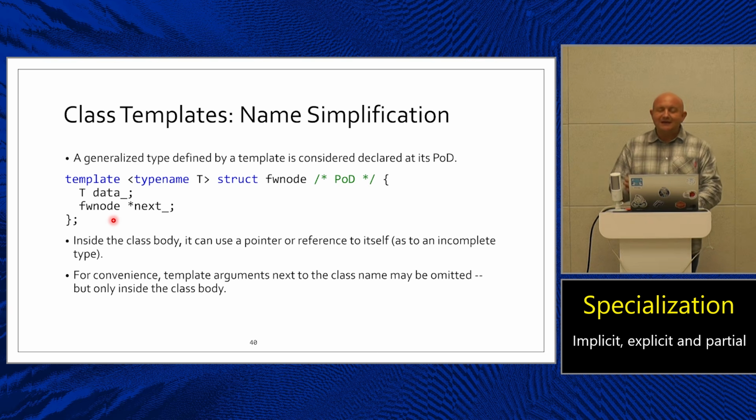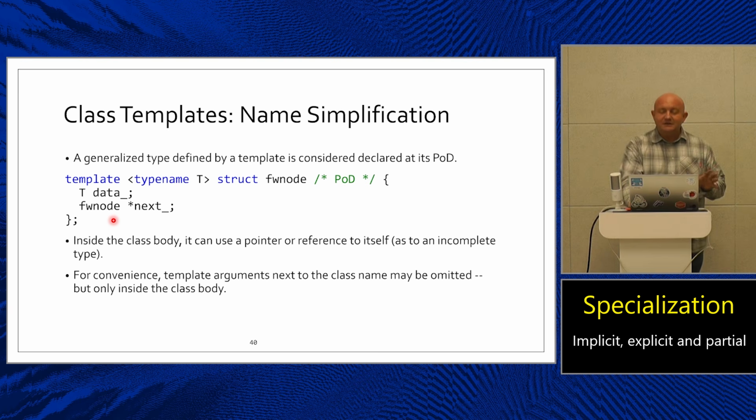This is exactly equivalent to ForwardNode<T>* next when used inside the class body. This is a convenient shorthand the language provides. You can omit the template arguments when using the class's own name inside its body. I'm sure you've all wanted to see this technique. It makes the code much cleaner, right?